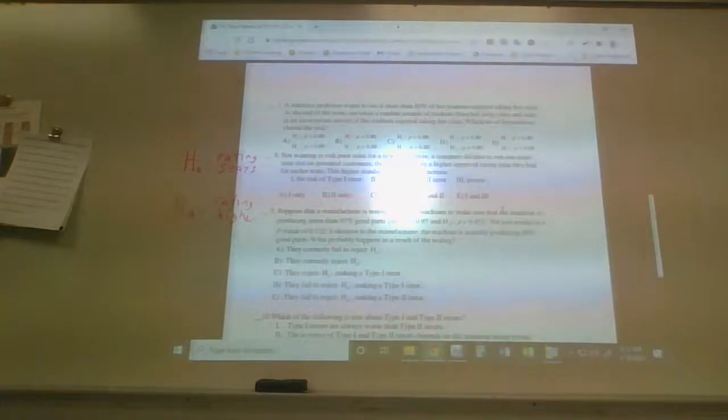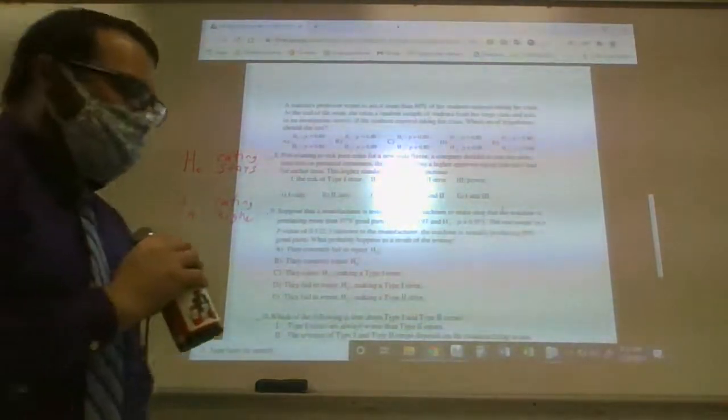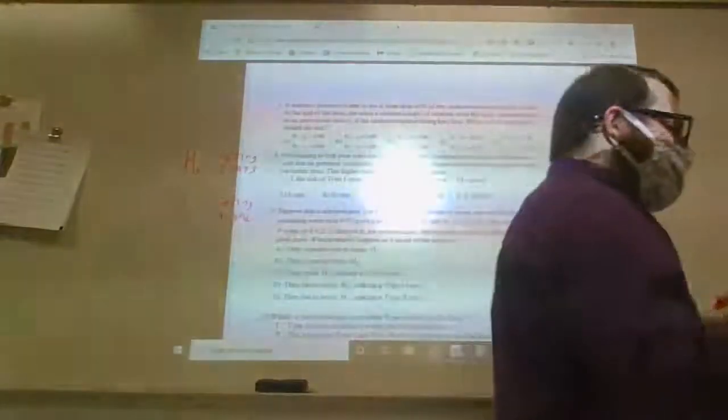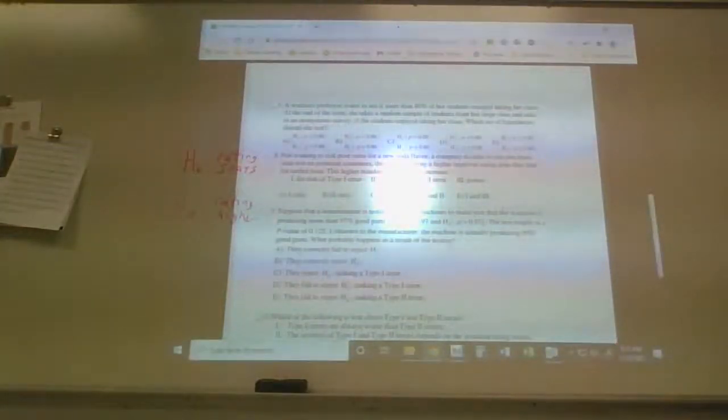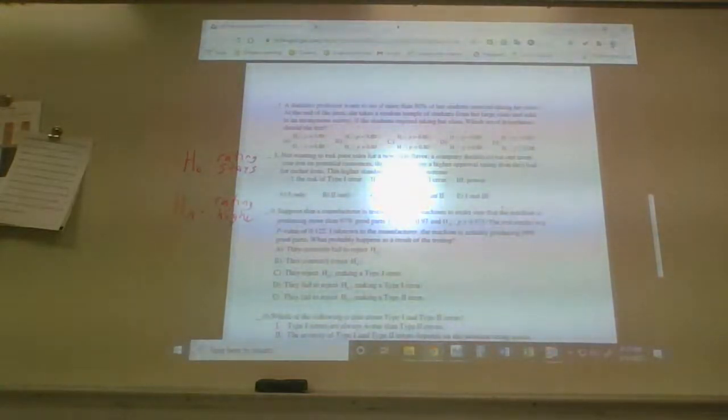They want to reject the null hypothesis, but if they're going to have a higher standard of proof, it's going to be a little bit more difficult to reject the null hypothesis. Meaning, a higher standard of proof is when you take that alpha level and you bring it down.